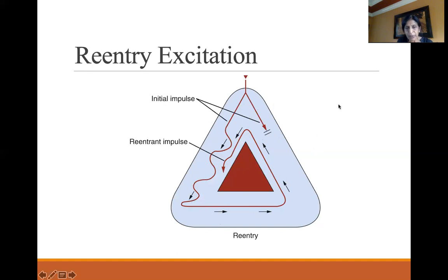So this is how the current is continuously generated within the atrium, or the same thing can be seen in the ventricular myocardium as well. Okay, so this is the reason for flutter or fibrillation type situations. This would be for one muscle fiber or one group of muscle fibers, whereas if it happens in multiple sites, that would change to fibrillation.